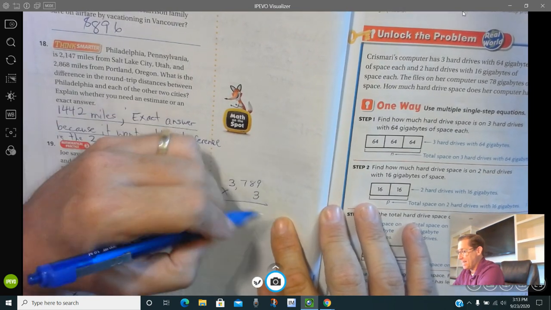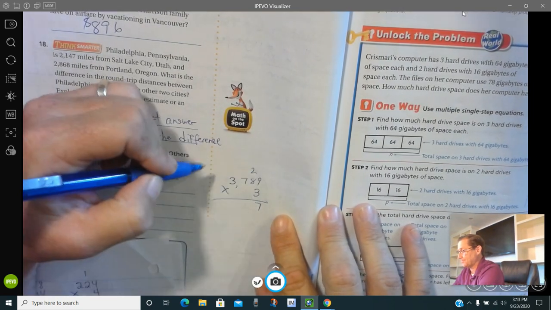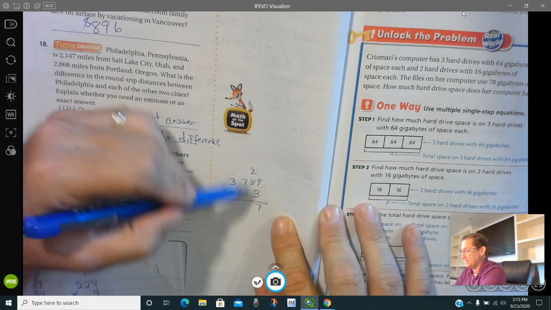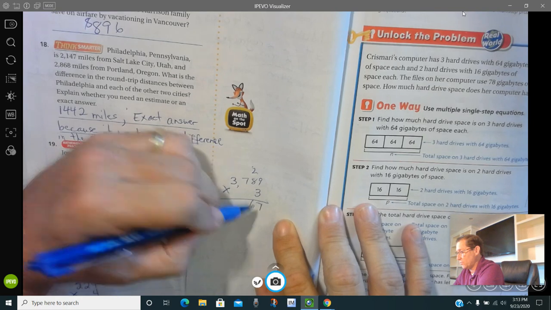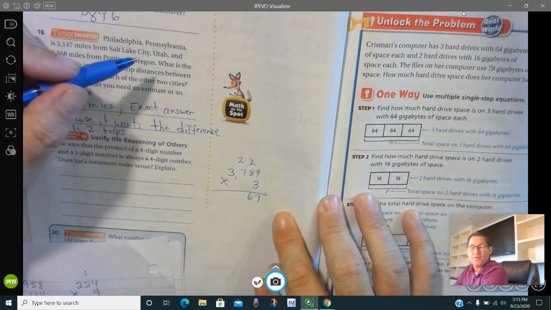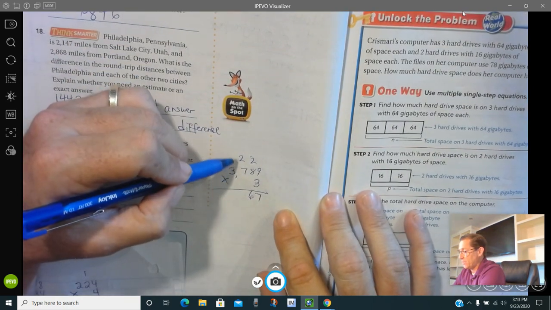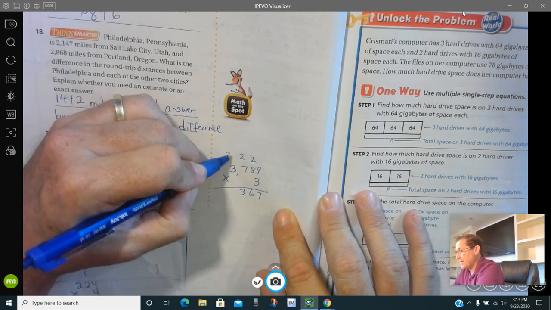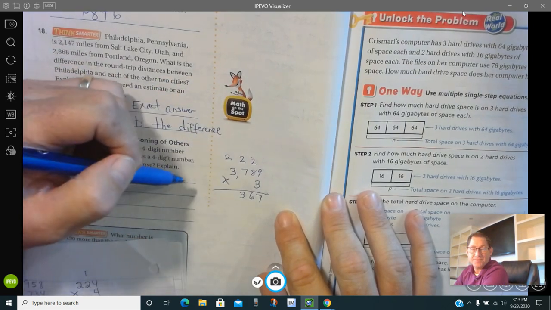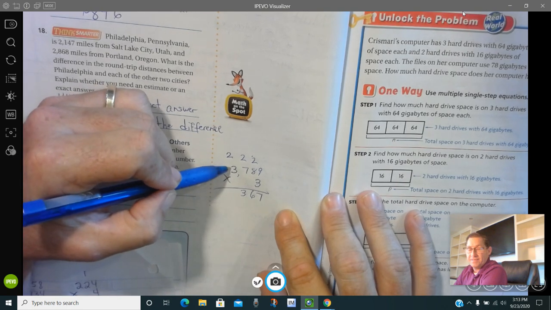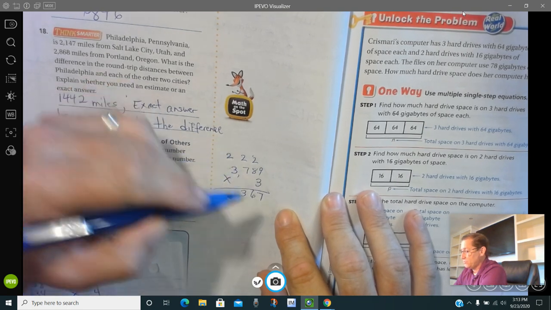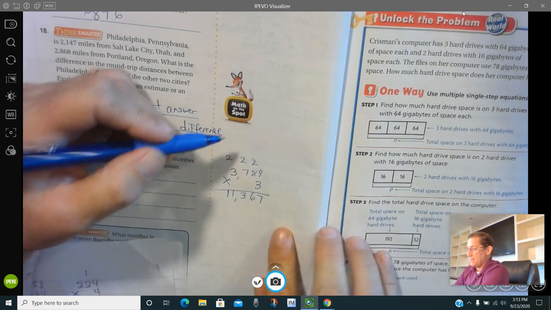3 sets of 9 is 27. Regroup as 2 tens and 7 ones. 3 sets of 8 tens is 24, plus 2 more is 26 tens. 3 sets of 700s is 21, plus 2 more is 23 hundreds, which we can rename as 2,000s and 300s. 3 times 3,000 is 9,000, plus 2 more is 11,000.